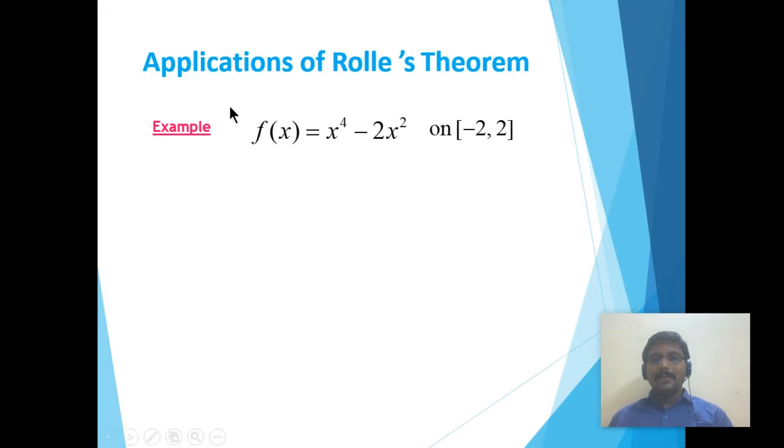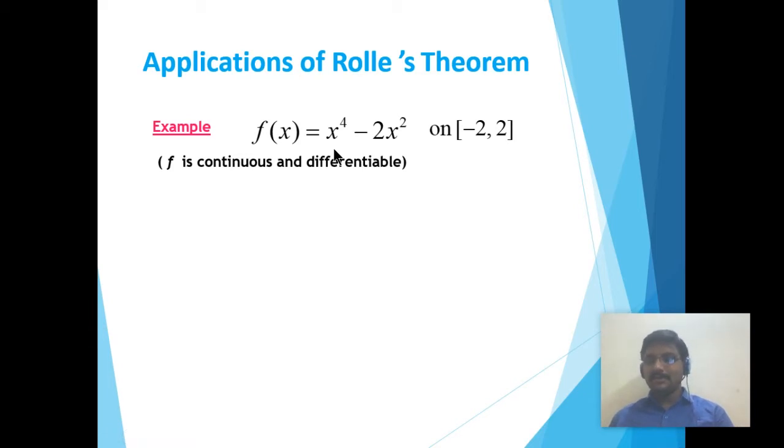Now, applications of Rolle's theorem. Here in applications, we will see some examples. The first example is f of x is x to the power of 4 minus 2x square. Clearly, this algebraic expression is given in the interval minus 2 to 2. This function is continuous and differentiable because it is an algebraic function.